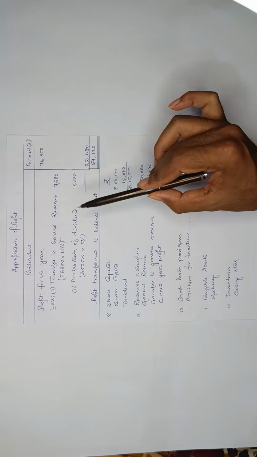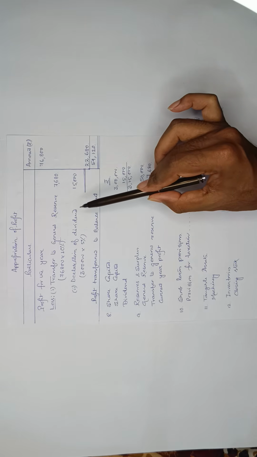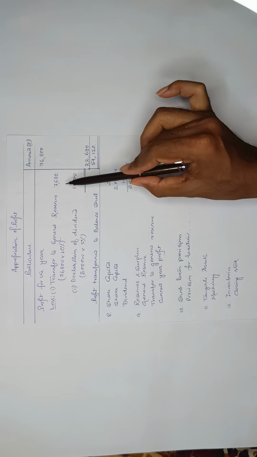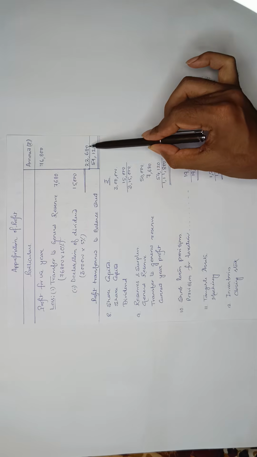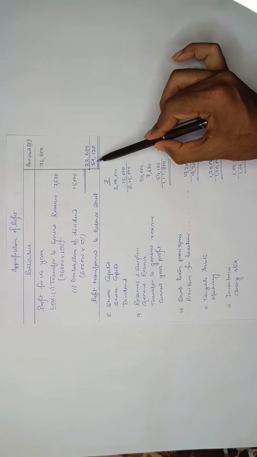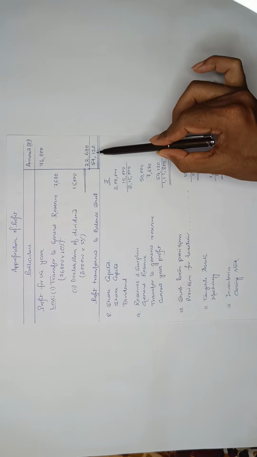Dividend here is mentioned as 5% on equity share. My equity share, if you see the trial balance, is 3 lakh. So I have calculated 5% on 3 lakh, which is 15,000. So altogether it is 22,680. If I subtract it from 76,800, it is 54,120. So 54,120 is the profit that should be transferred to the balance sheet.